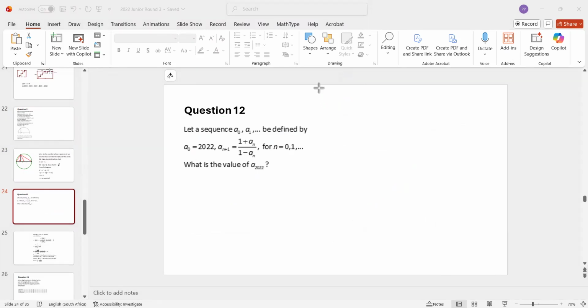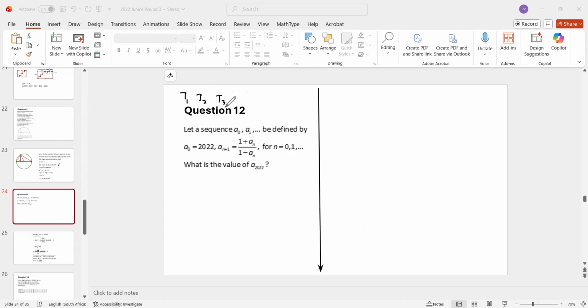You've got a sequence now. The sequence starts from A0, A1. You guys are at school, you're familiar with first term T1, second term T2, third term, and so on.